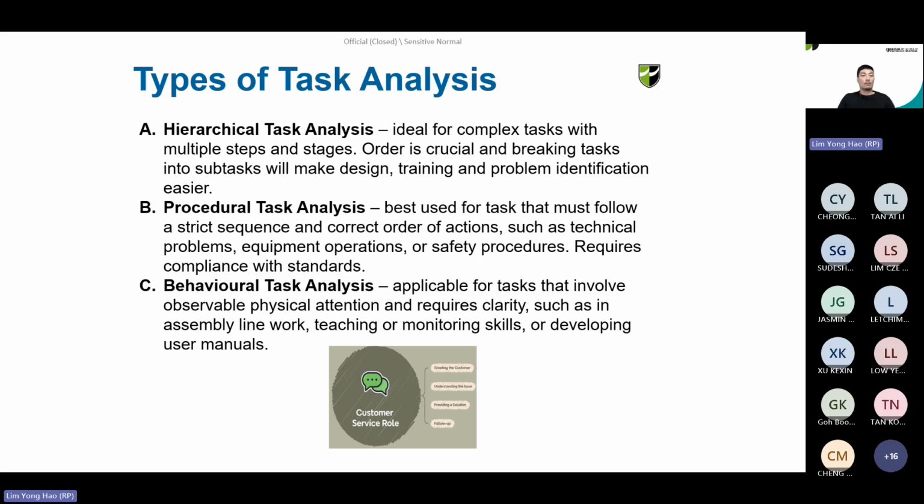So behavioral task analysis involves looking at how people perform certain tasks. Most of the work done may not be captured very nicely in terms of outputs, but it is manifested in certain behaviors.